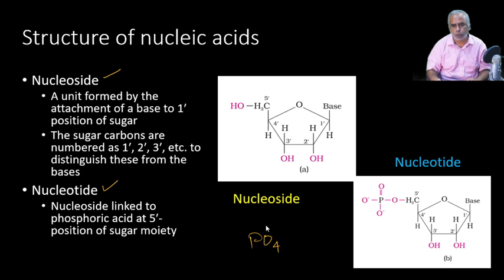Phosphate means PO4 3 minus. So you've got that phosphate unit, formed by the attachment at one position of the sugar.